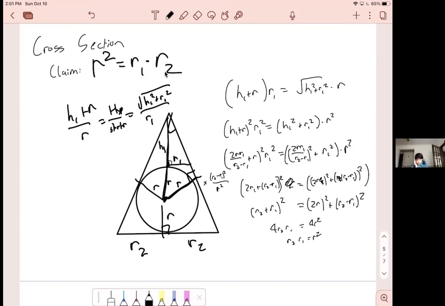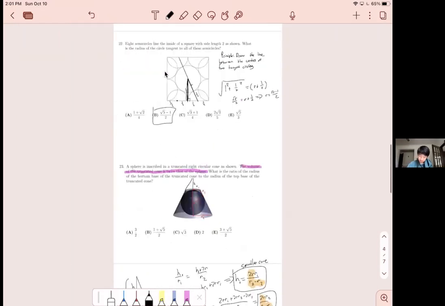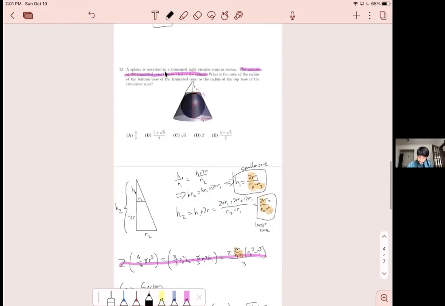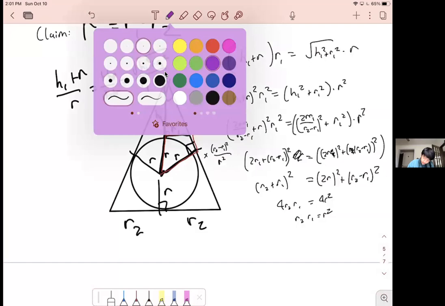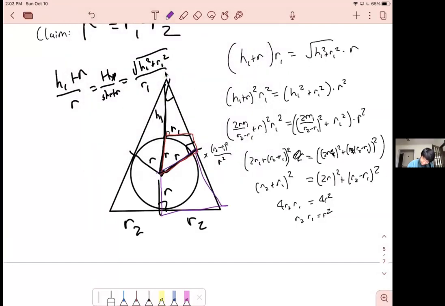This is actually what I went through when I was trying to do this problem. But then looking back, now that I know that R squared equals R2 times R1, there's a much nicer way to do this. And it's just that these two quadrilaterals are similar. Oh, they don't look very similar in this diagram.